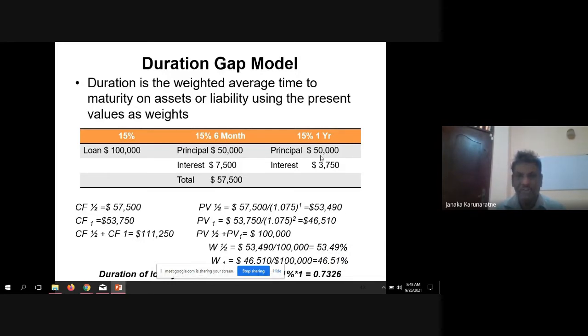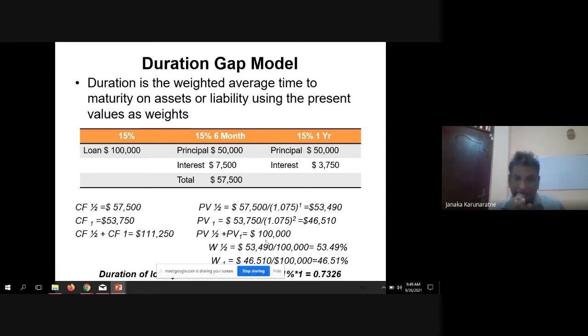And the present value of the second cash flow, 53,750, divided by 1.075 to the power 2 for 2 periods, comes to 46,510. So if you add those two, it comes to your loan amount, 100,000, right? So basically you recover your 100,000 in terms of present value, nothing else.